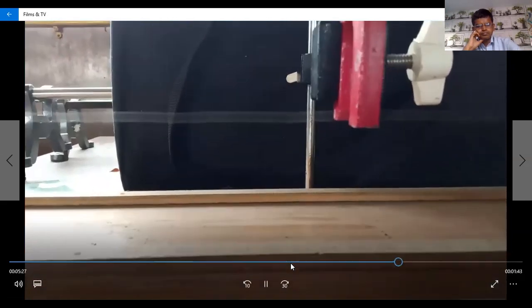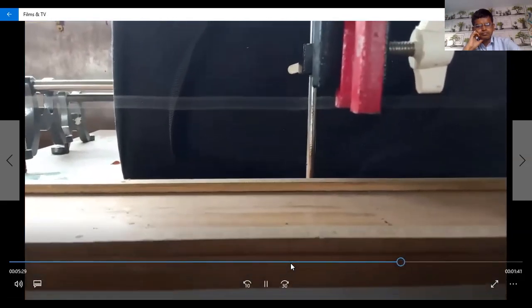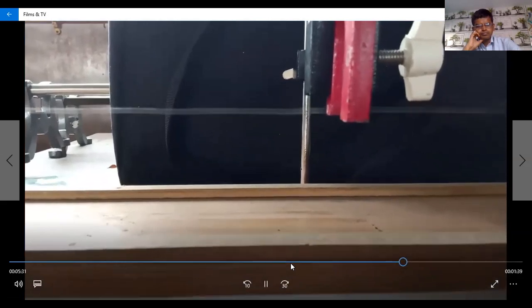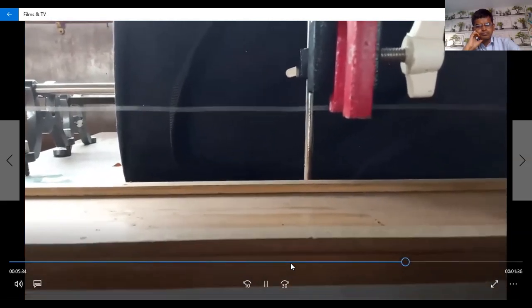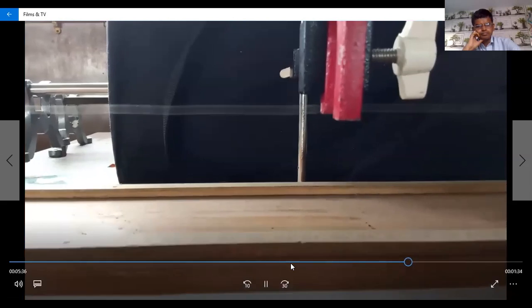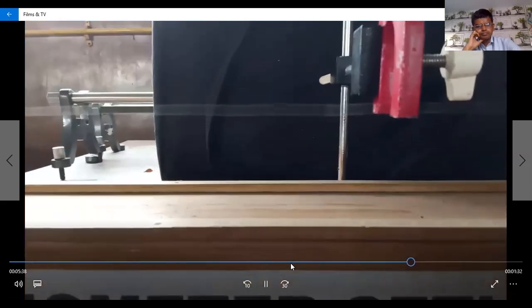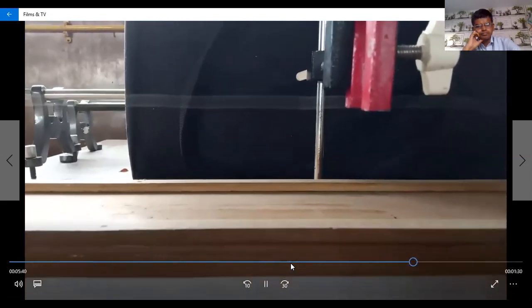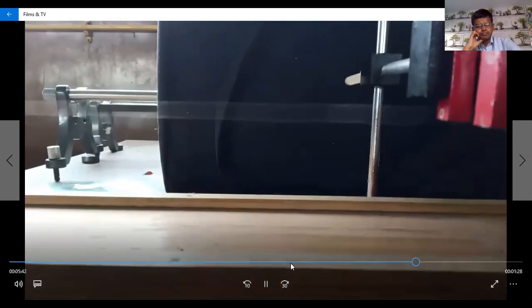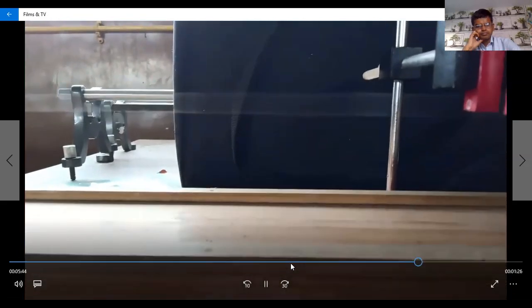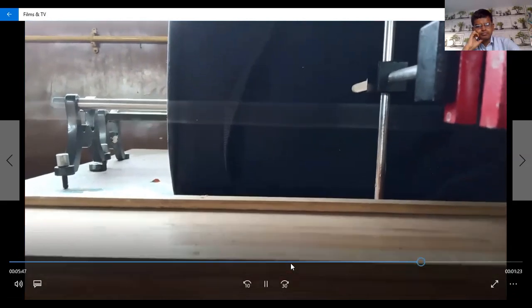Okay, now you see here, you found a maximum vibration. You see two wires. Now a very easy method: you found two wires, so the maximum vibration will start.